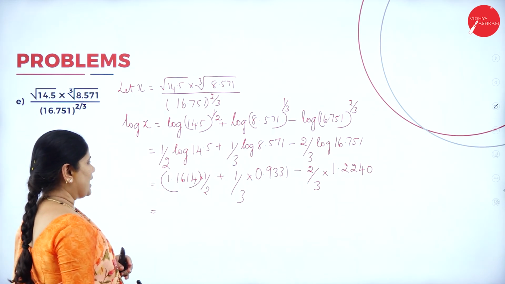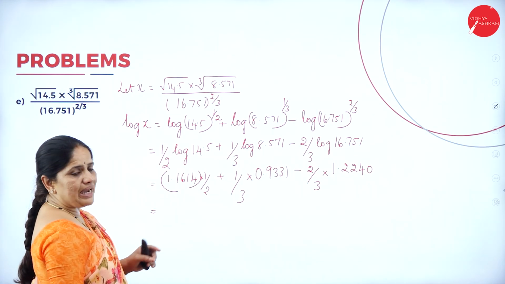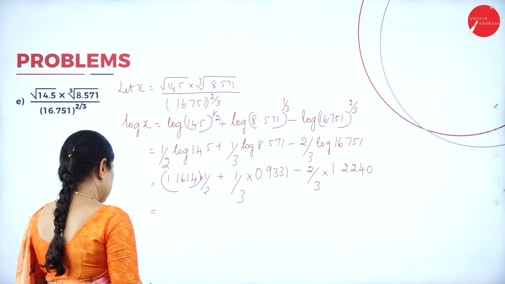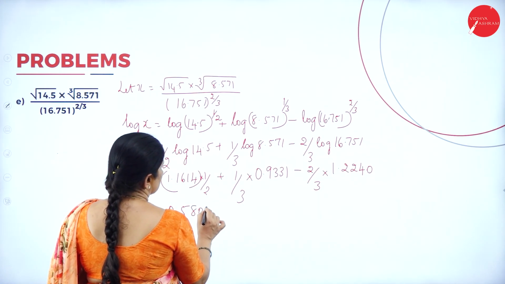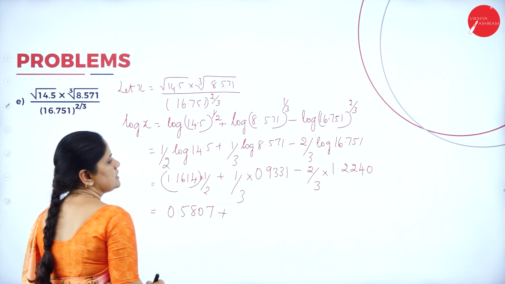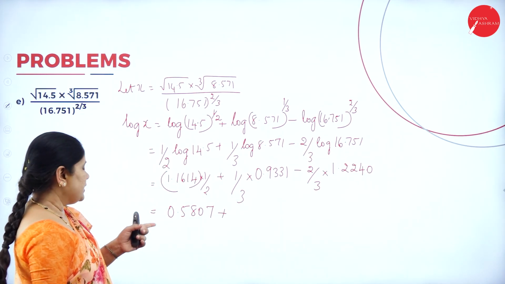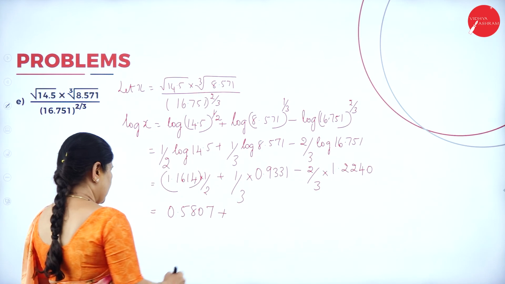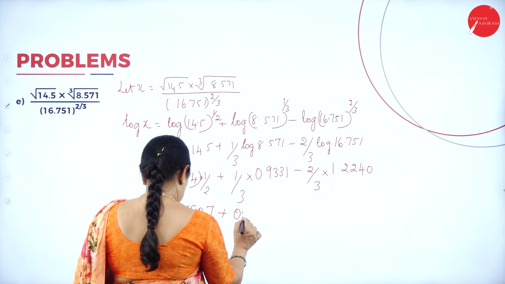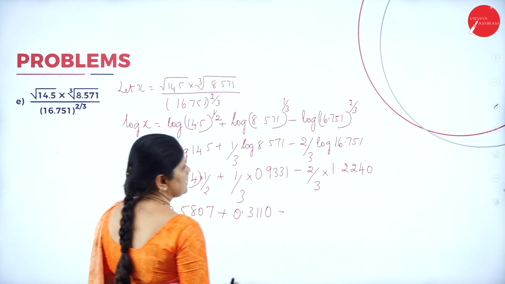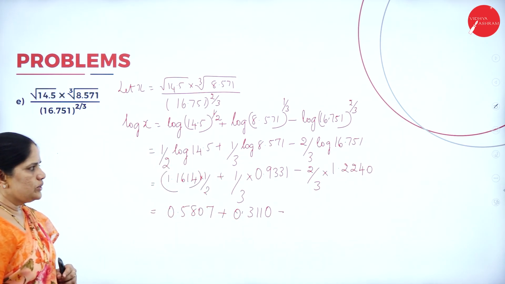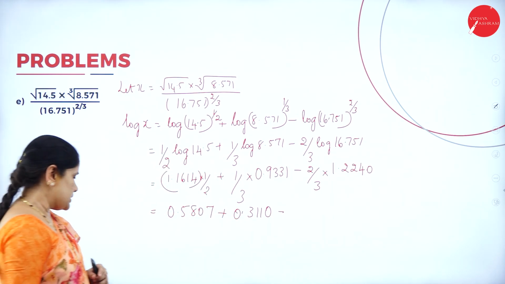So 1.1614 divided by 2, I get the answer as 0.5807 plus 0.9331 divided by 3, I get 0.3110 minus 2 by 3 into 1.2240.